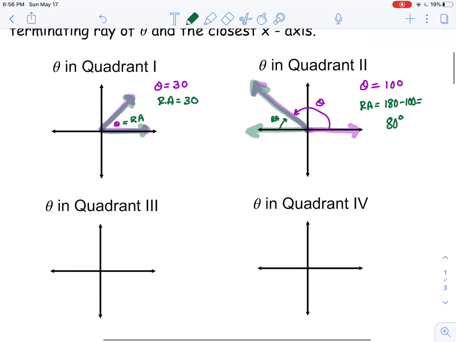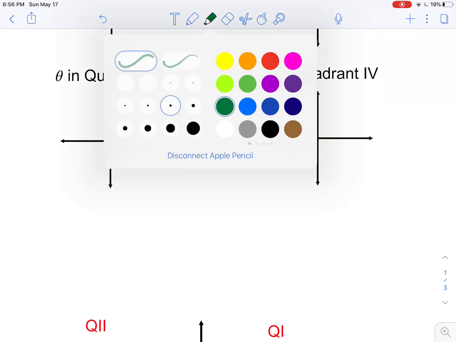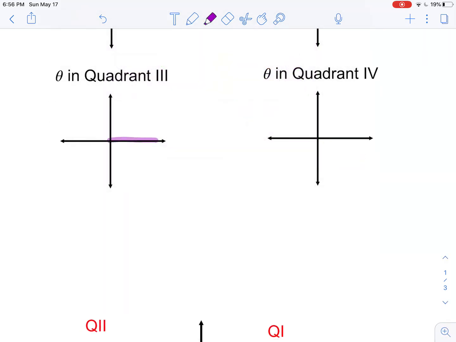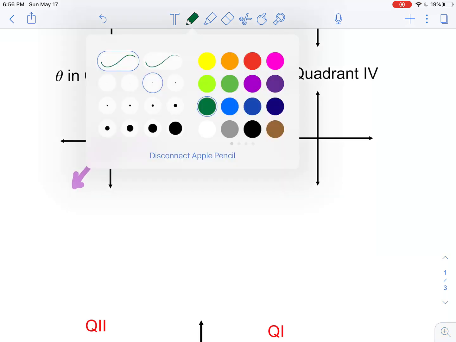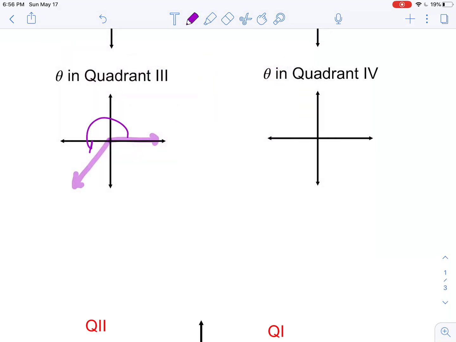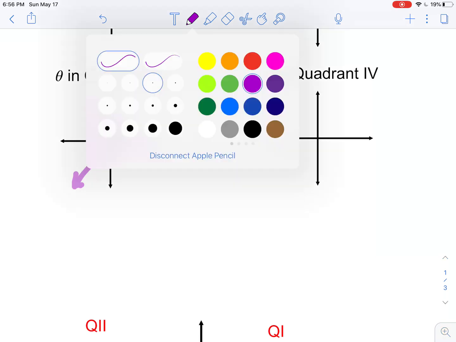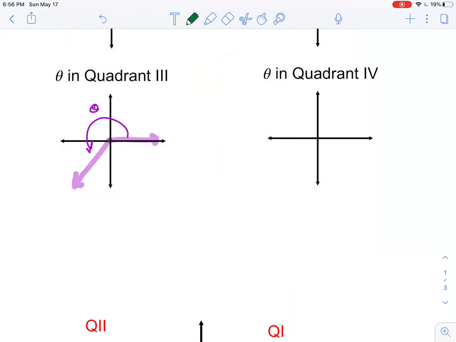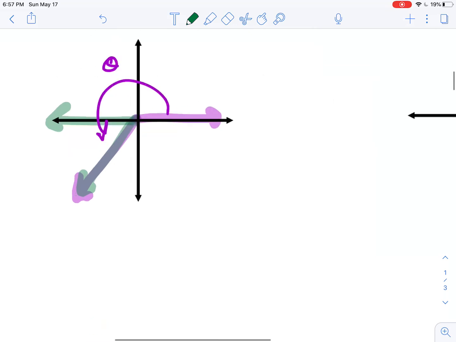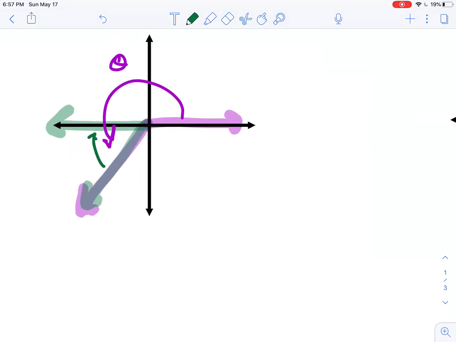Let's look at a quadrant 3 angle. Let's say my theta, here's my initial side, it opens into the third quadrant. So this is my theta. My reference angle is going to be the terminating side and the closest x-axis, that would be here. So this is my reference angle here.